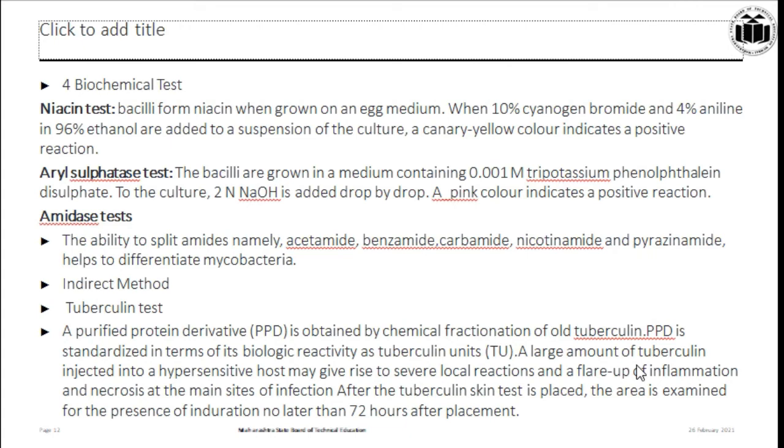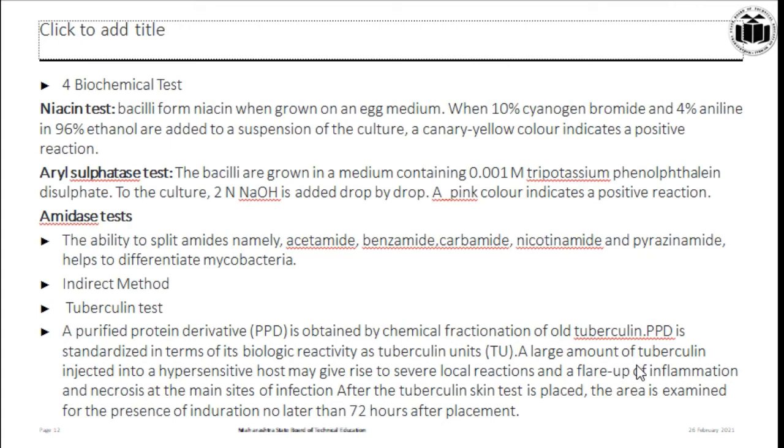If inflammation and necrosis is shown, that means the person is showing antigenicity, this is hypersensitivity against the organism.